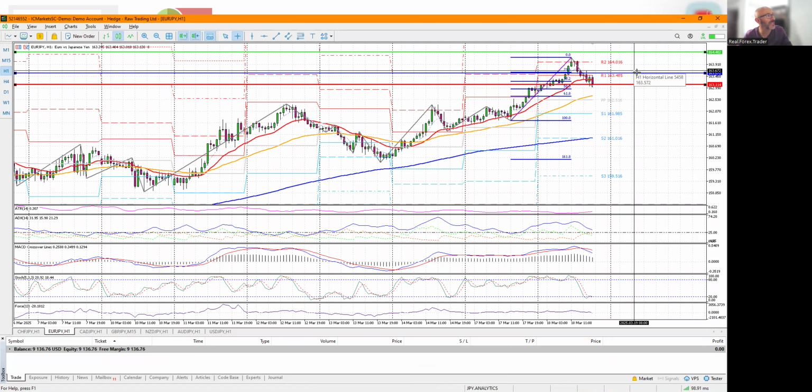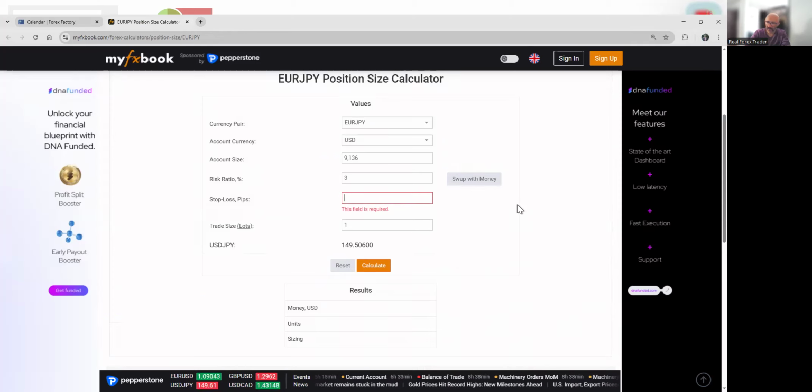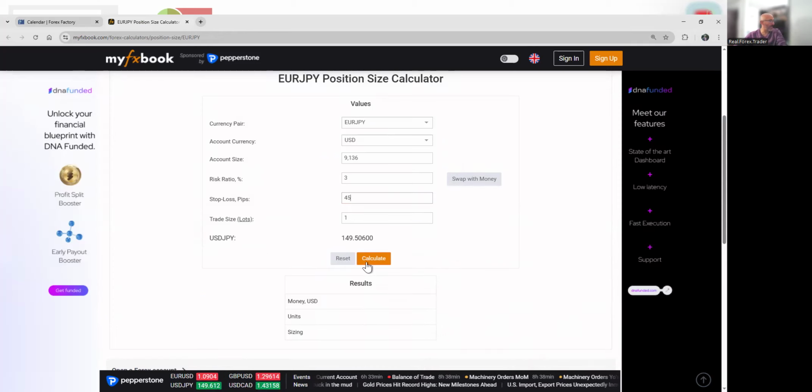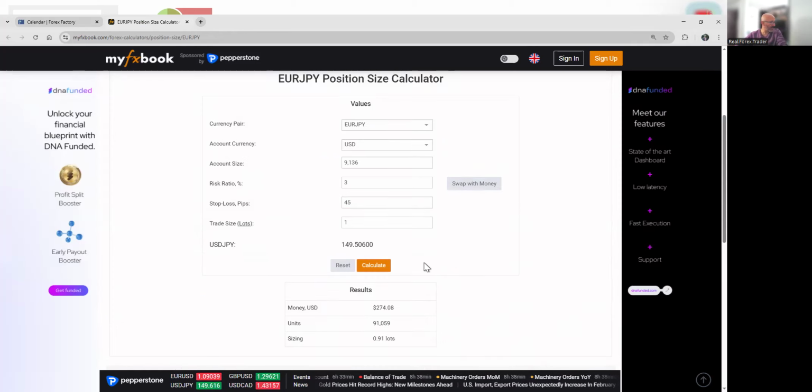So that's what I'm risking to be the 3%. So my trade lot would be 0.91 lots. That's the amount I'm going to risk to fit my 3%.